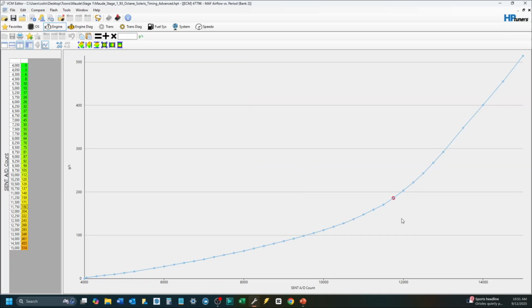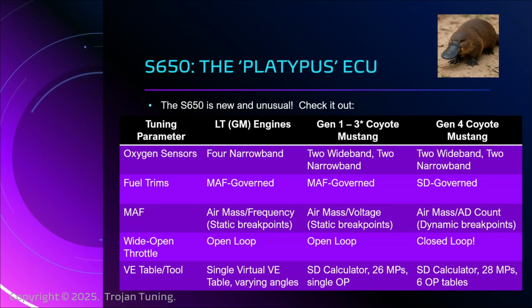So when I make adjustments to this, I'm going to get different gram per second calculations, and they're going to be moving around from tune to tune. That is what I mean by that. And we'll explain more fully what that means.